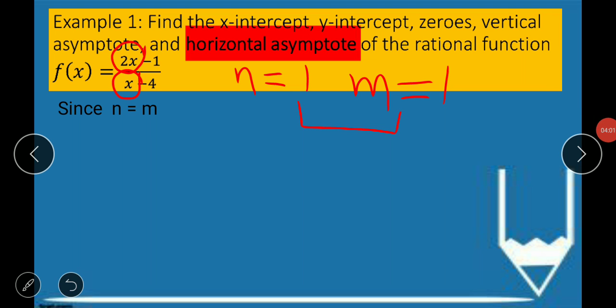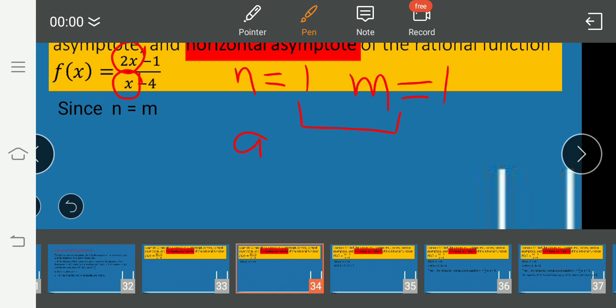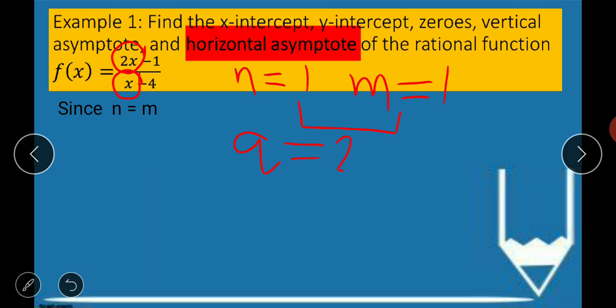Since n is equal to m, that is condition letter A. Therefore, we need to determine the leading coefficient of the numerator. The leading coefficient is 2. So A is 2. How about the denominator? The leading coefficient is 1.